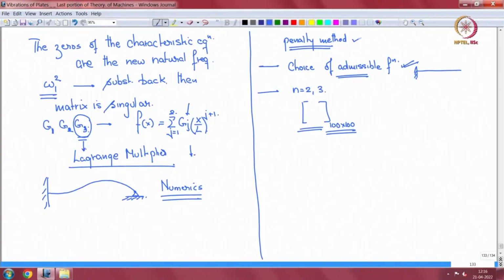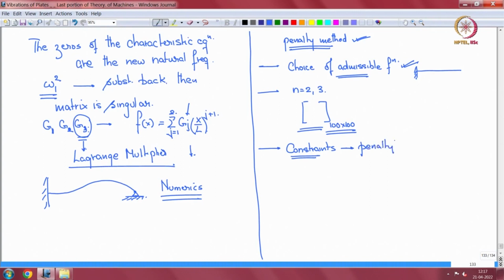So the penalty method is another method where you could again avail of some set of functions, not totally admissible, but on them you apply constraints, and these constraints will put a penalty if they are violated.